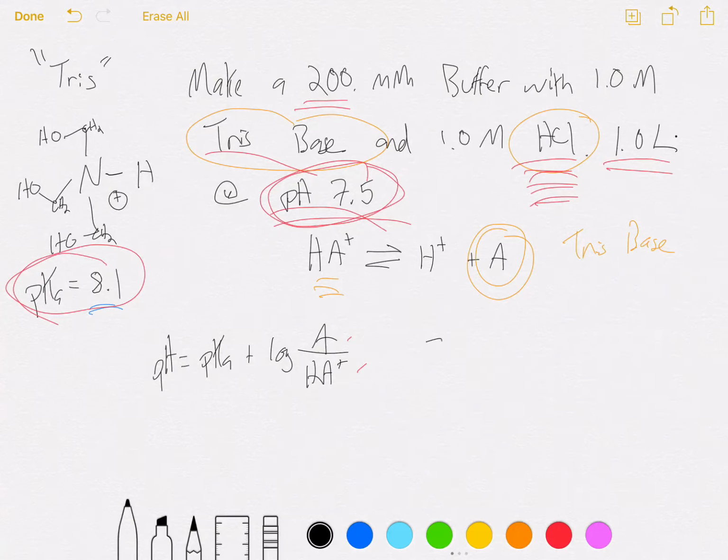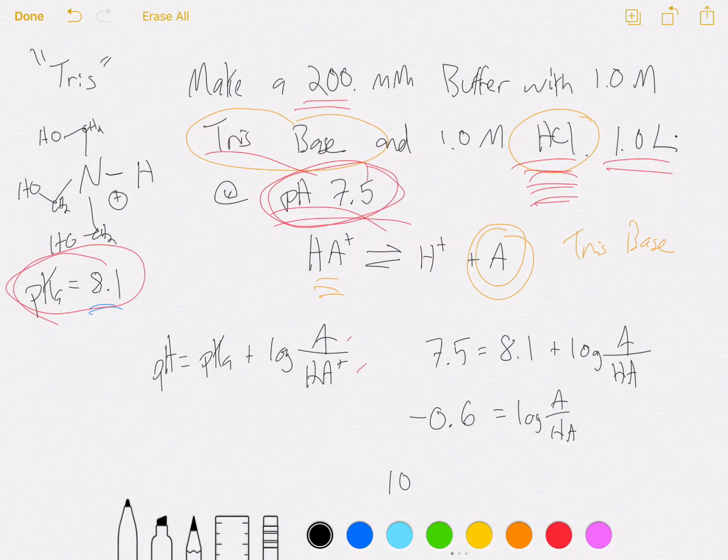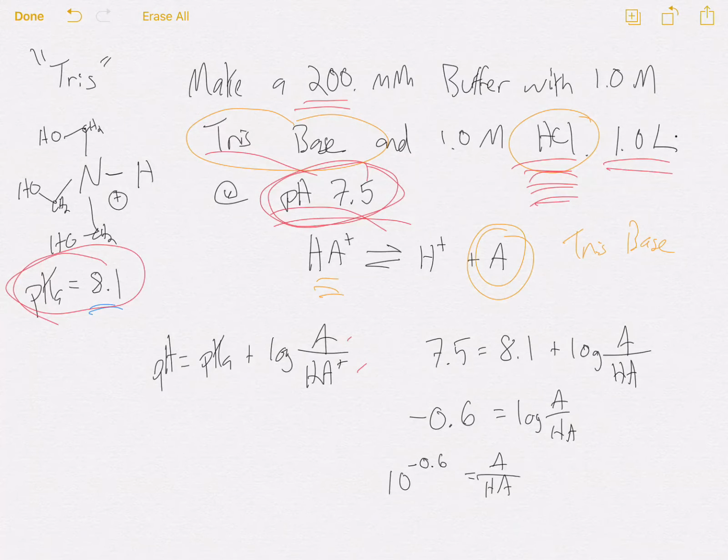So our target pH is 7.5, and that's going to equal the pK value, which is 8.1, plus the log of A over HA, which at this point we don't yet know. If we subtract 8.1 from each side, we get negative 0.6 equals log of A over HA, and we get rid of that log by taking each side as the exponent of 10, so 10 to the negative 0.6 equals A over HA.